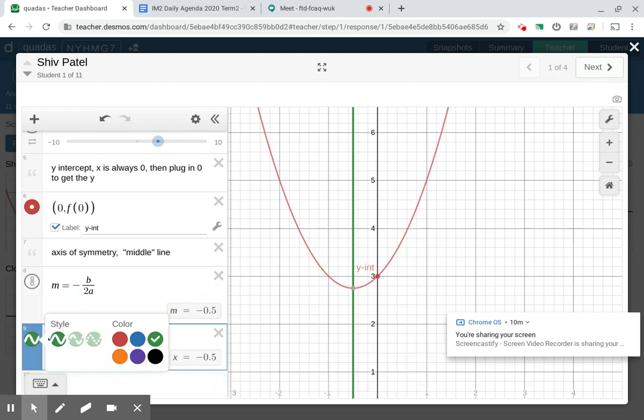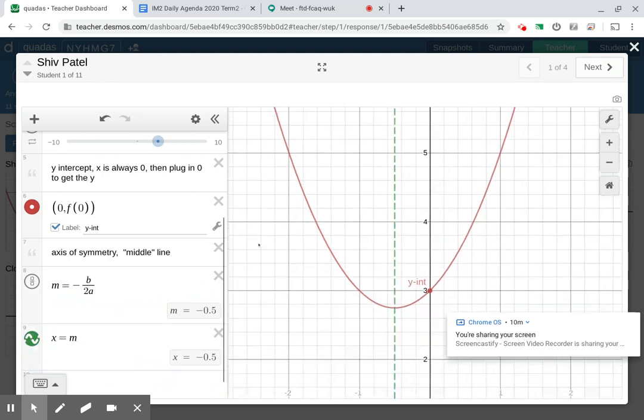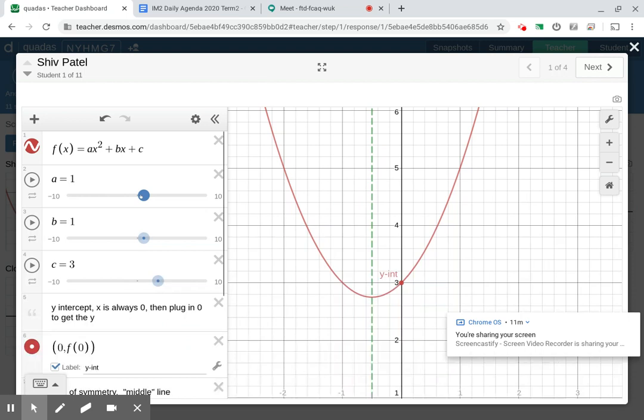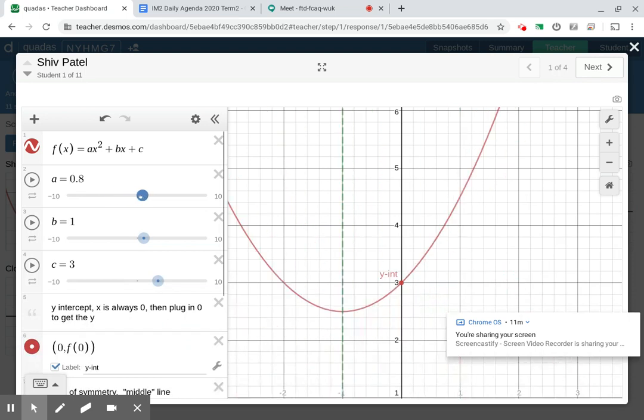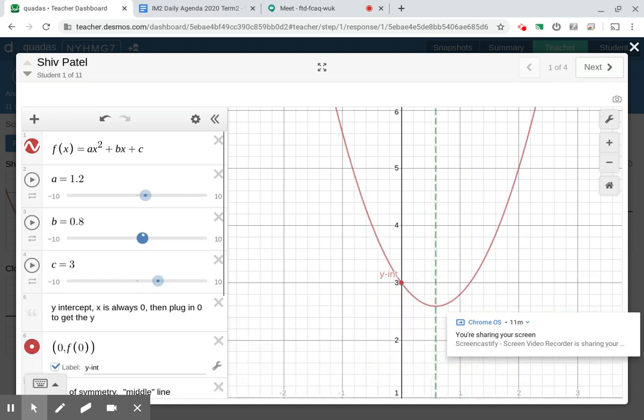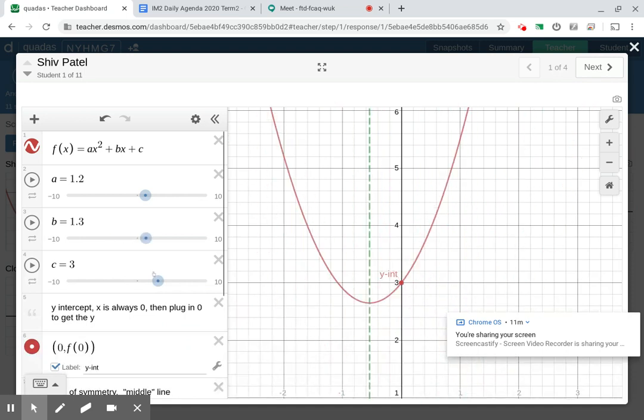And then change it to dashed because it's not really part of the graph. And then play with moving a and b along. No matter what you do to a and b, it'll follow right in the middle.